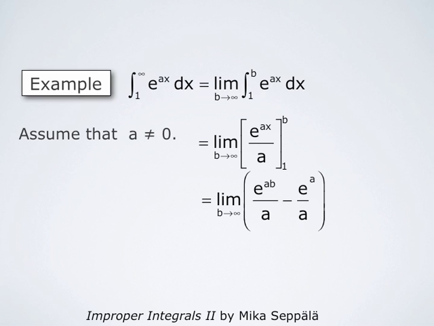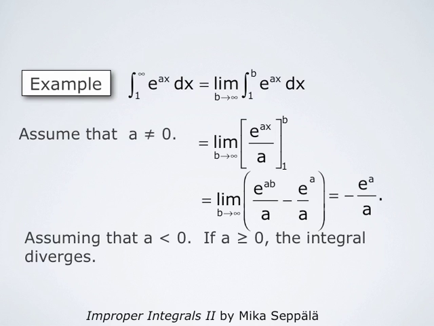If a is negative, then e to the ab approaches 0 as b approaches infinity. So if a is negative, the first term e to the ab divided by a approaches 0, and the term minus e to the a divided by a remains, and that is then also the limit.